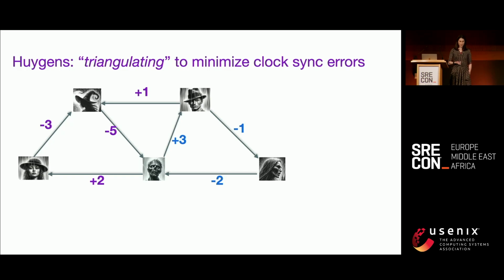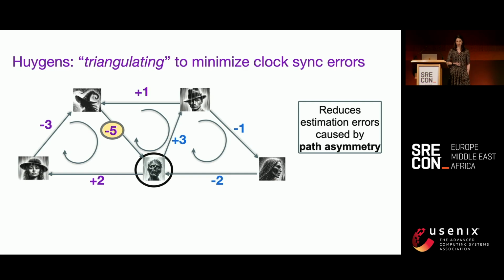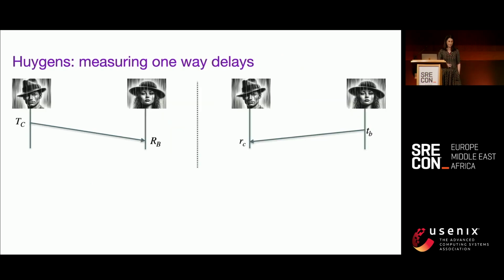So what Huygens does in this case is it's going to go around these subloops and it's going to minimize those errors that are due to path asymmetry. It's kind of similar to the idea of triangulation, for your location, for example. But it's not just doing it for 3 nodes, but more.